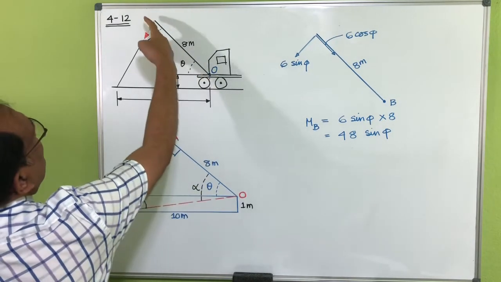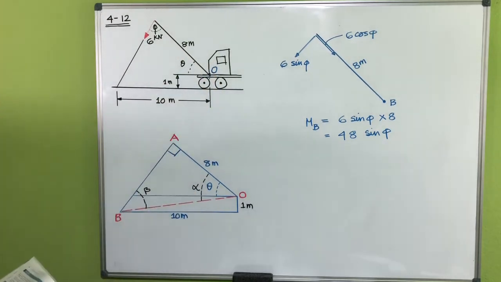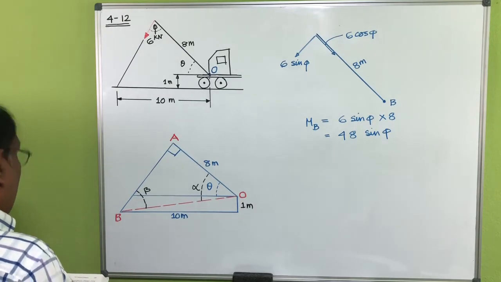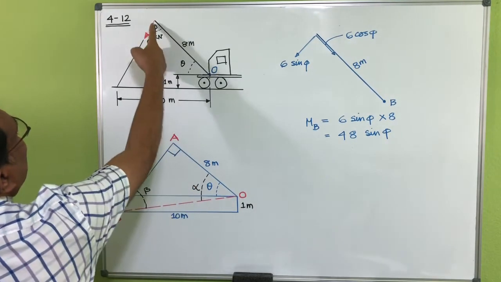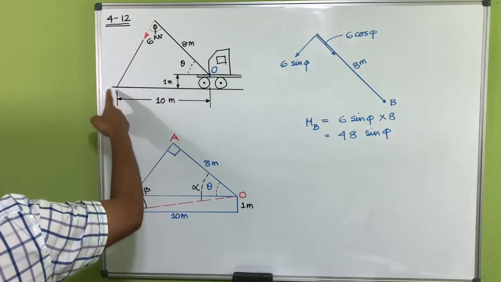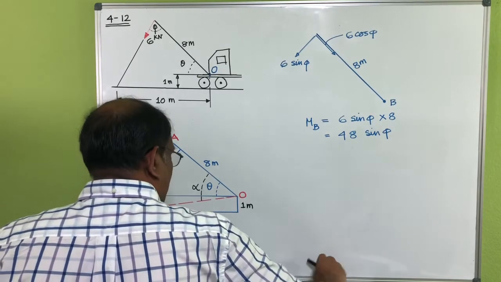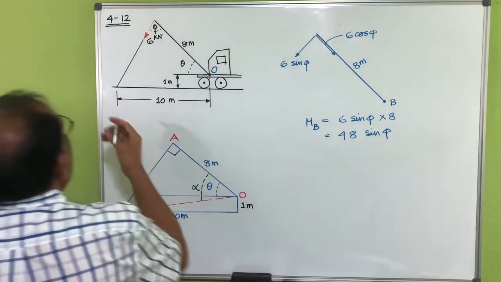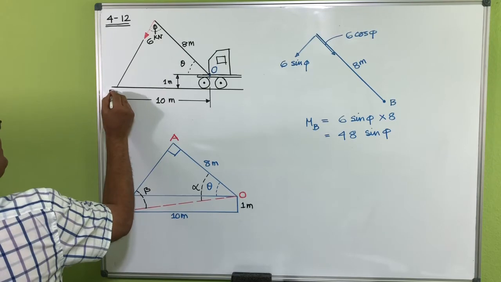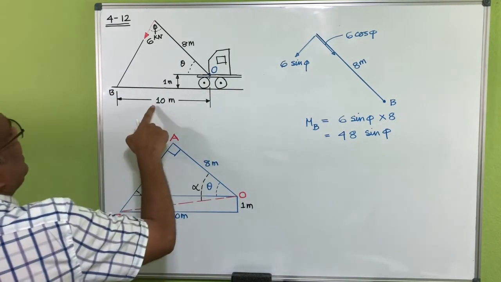So this is your crane boom, which is 8 meters long. I just simplified the drawing a little bit. Now they are saying this one is working like 6 kilonewton, and let's say point B here. And they're saying the distance from here to this point B is 10 meters.